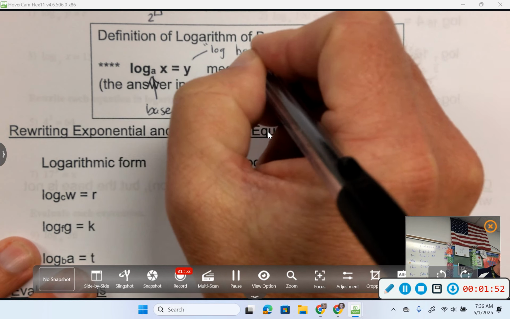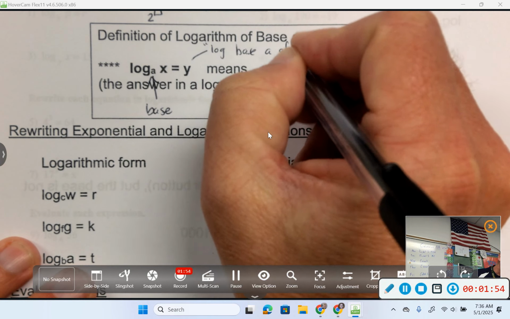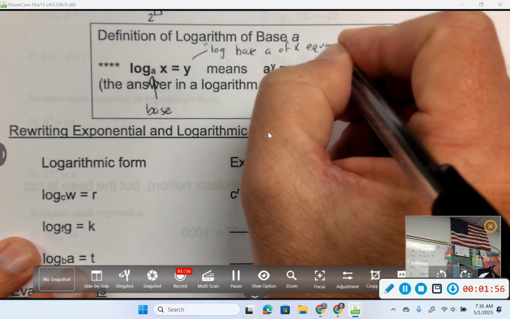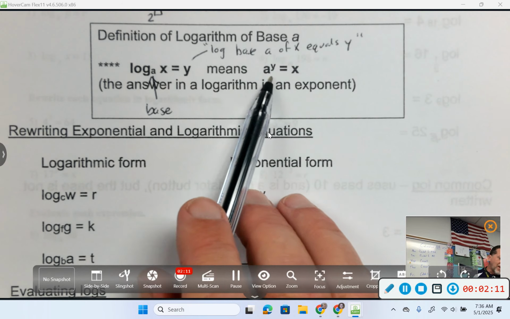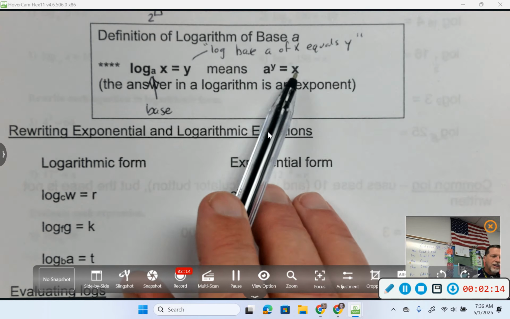Log base a of x equals y. Just like how to talk math. Log base a of x equals y. What that means, or a different way to say that, is a to the y equals x.